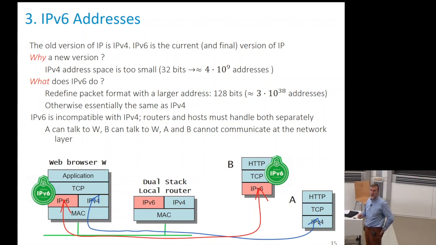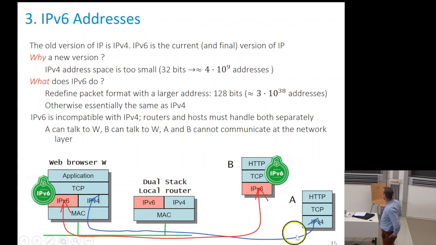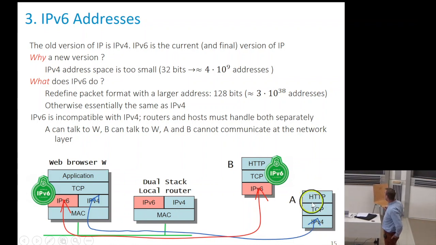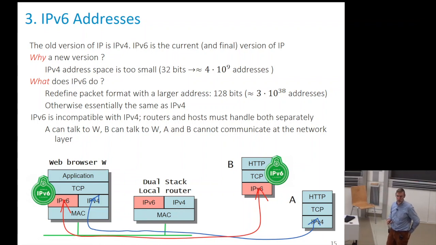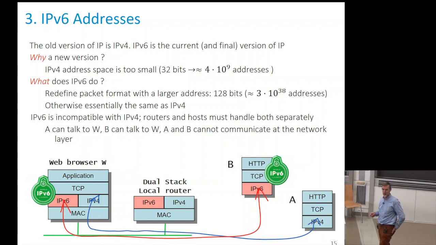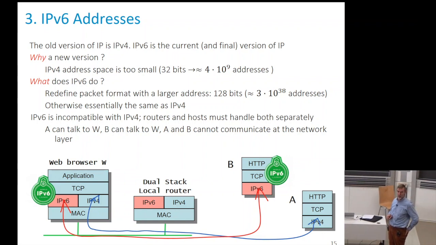They are exhausted now, so you will not receive new blocks of addresses. So old machines are running IPv4. And since it's a pain to move from IPv4 to IPv6, there is no incentive to move unless you really are hitting problems. So a lot of EPFL, for example, is still running today on IPv4.